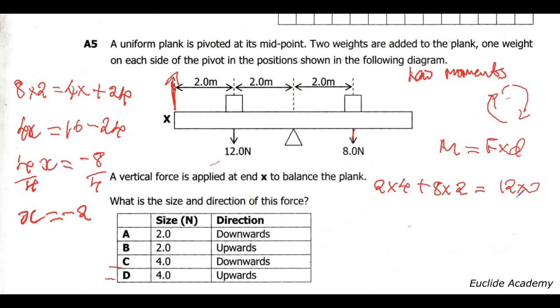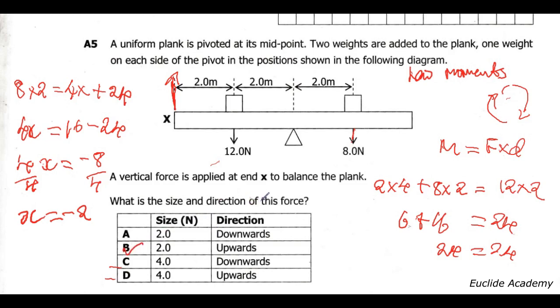So if you calculate here, you're going to have 8 plus 16, and here you're going to have 24. So 8 plus 16 is 24, and 24 on that side. So this perfectly balances this beam. So the size and direction should be 2 newtons and upwards, which is B, using the law of moments.